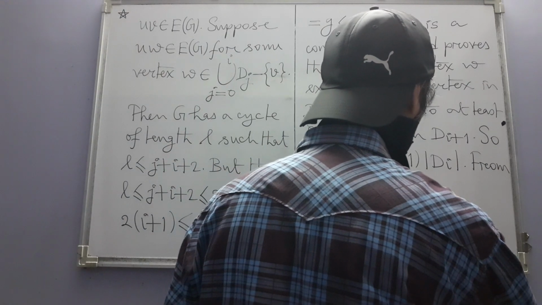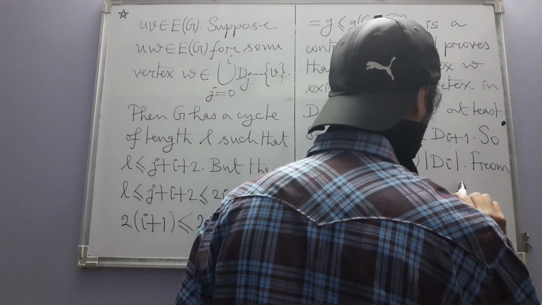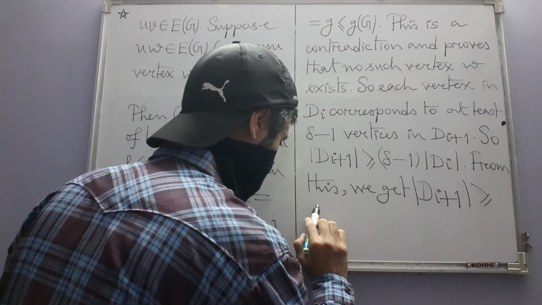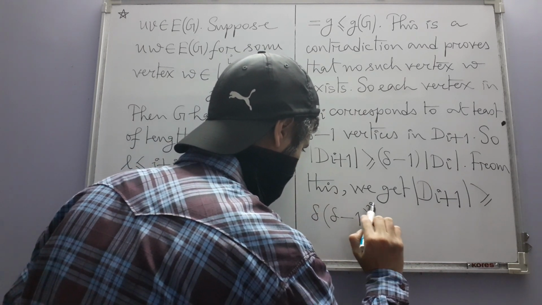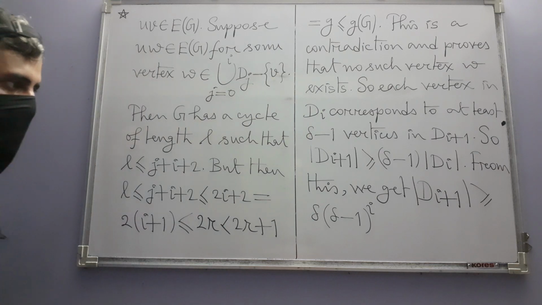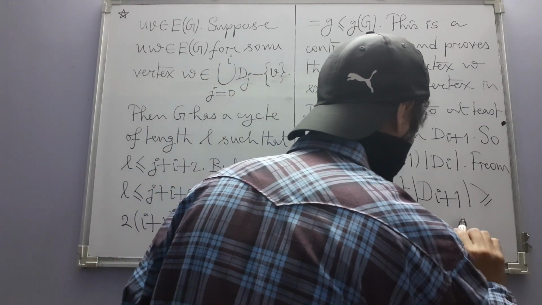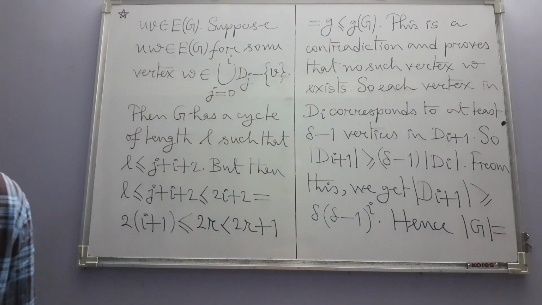And you ultimately get this: greater than or equal to delta times (delta minus 1) to the power i. Hence, and now finally we go to the order of G.